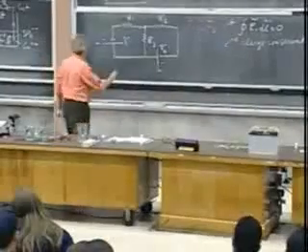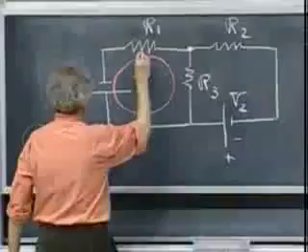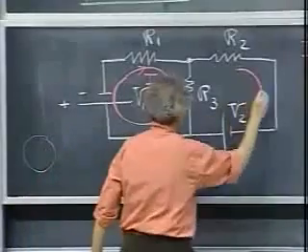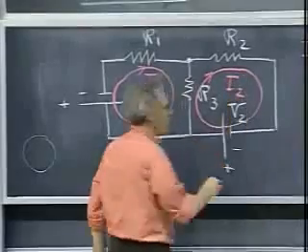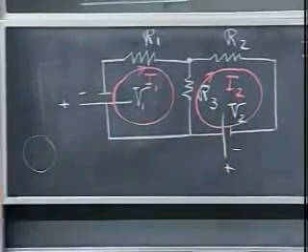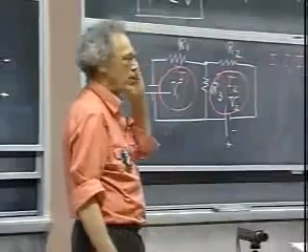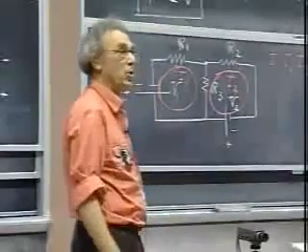I say, okay, I assume that there is a closed loop current here, I1. And that there is a closed loop current here, I2. Whether I make them clockwise or counterclockwise, unimportant. I could have chosen one clockwise, the other counterclockwise, unimportant. However, once I choose the direction, it has consequences, as you will see.